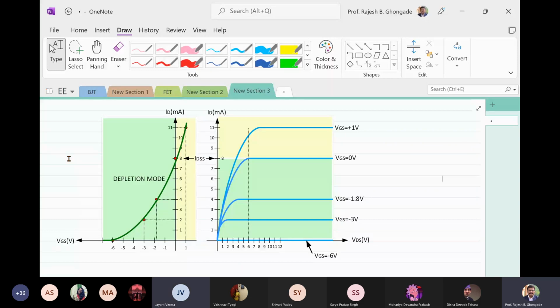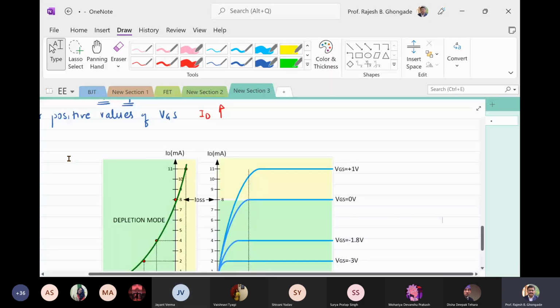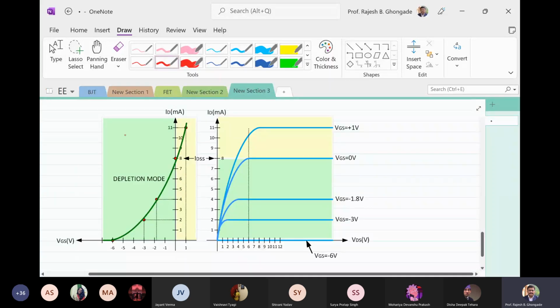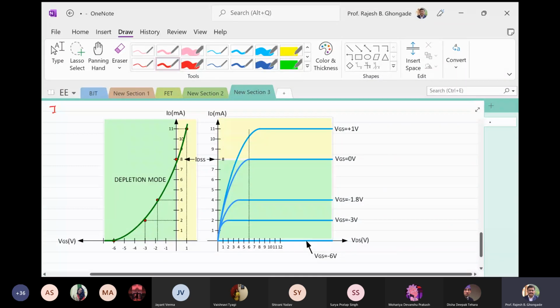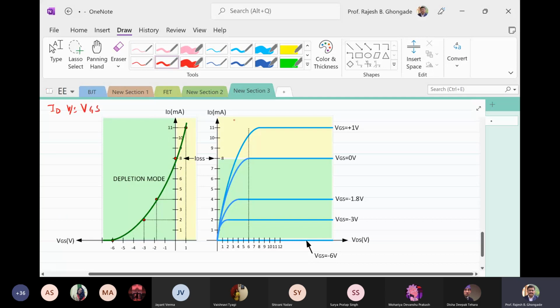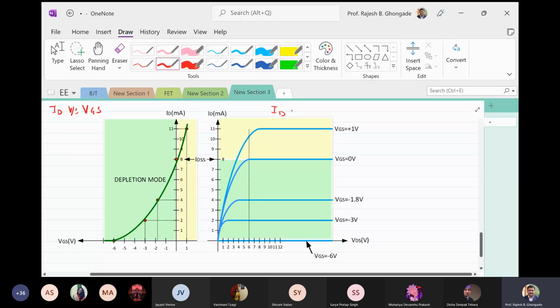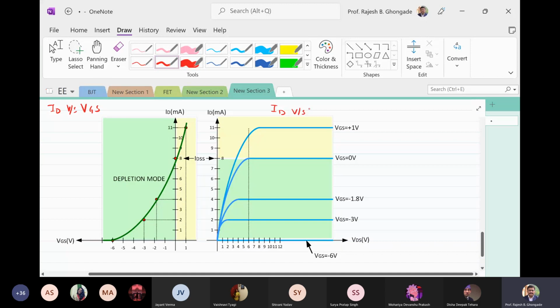You are looking at the characteristics. I put both these characteristics side by side. The left hand side is the transfer characteristics. Just like your junction field effect transistor, it is ID versus VGS. And on the right hand side, what is it? It is ID versus VDS. So you can see that the characteristics are very, very similar to those of the junction field effect transistor.